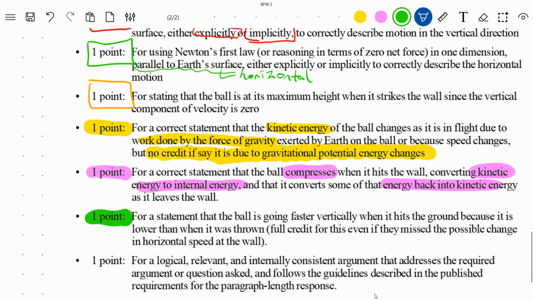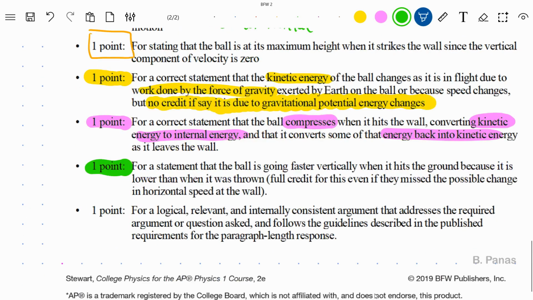Okay, so we're 6 points in. The 7th point is not a point that I'm even going to highlight. It's more of a big picture point. You have to zoom all the way out and look at this whole answer that I provided. Well, I said I wouldn't highlight it, but let me just emphasize certain things within it. Your answer has to be logical.